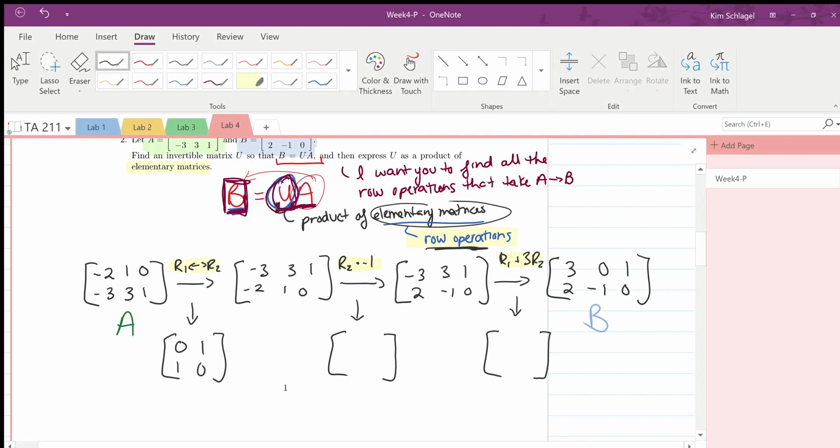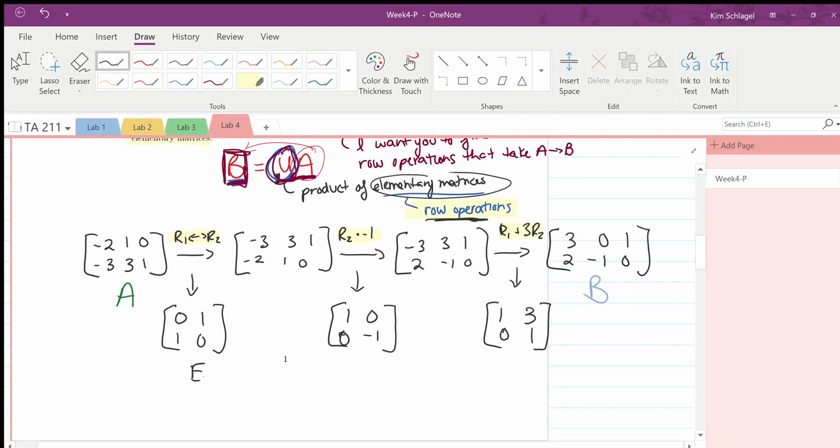Multiplying row 2 by -1, think of just multiplying the second row of the identity by -1, and you see that it looks like this. And the last operation is adding 3 row 2 to row 1, so it's going to look like that. Okay, so we have E1, E2, and E3.